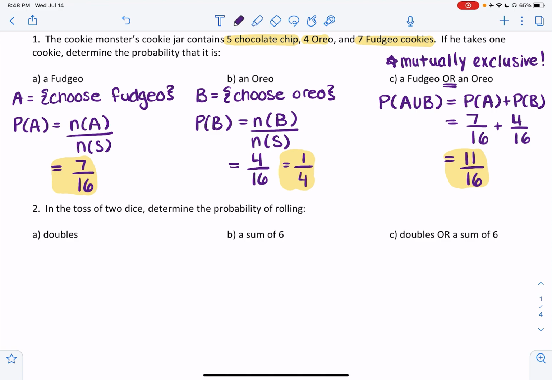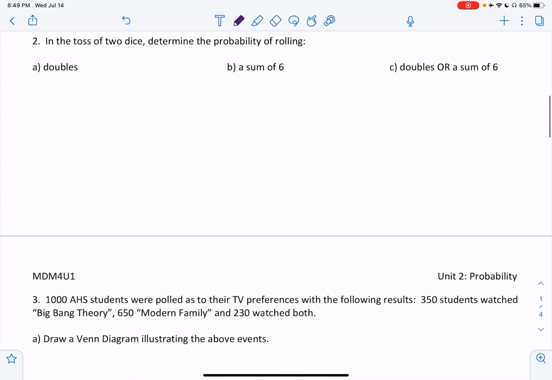There we go. So let's try a slightly different example. Yet again, another one with some dice choices. So in the toss of 2 dice, determine the following probabilities. So because we're looking at 2 dice, we'll quickly sketch out our dice chart.